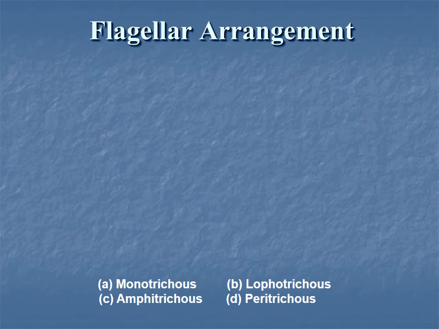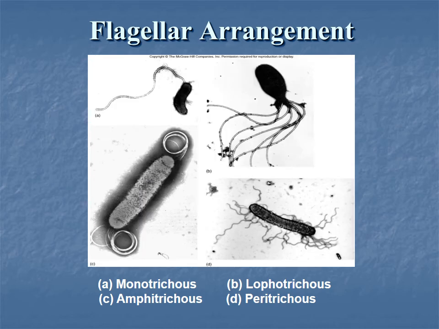And arrangement of flagella. If you see only one flagellum, it's monotrichous. Lophotrichous is several flagella on one side. Peritrichous is a microorganism with flagella around the whole body, and amphitrichous is a microorganism with several flagella on two sides.